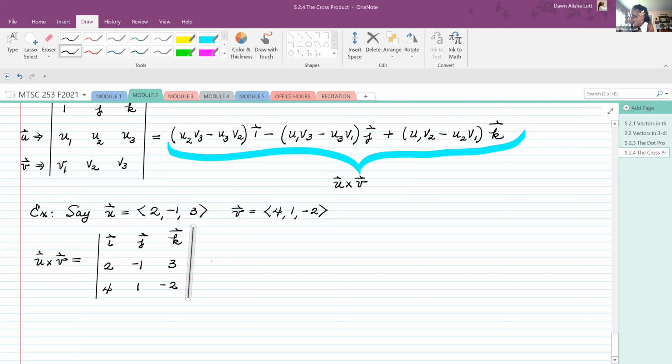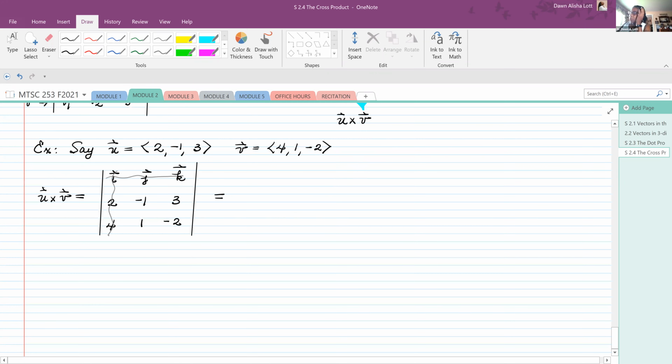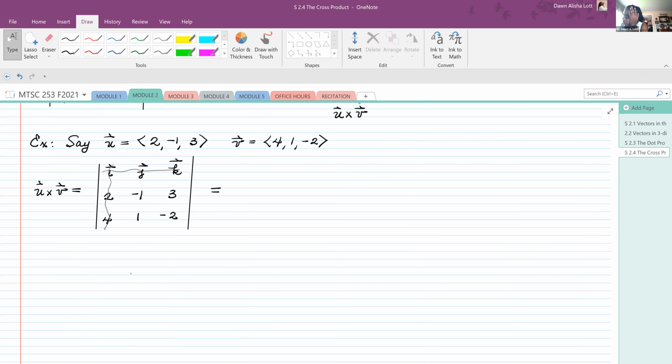So if you remember, I know I'm going to have I, and I'm going to cross off the first row and the first column. So that only gives me this little tiny thing down here, which is negative 1, 3, 1, negative 2.